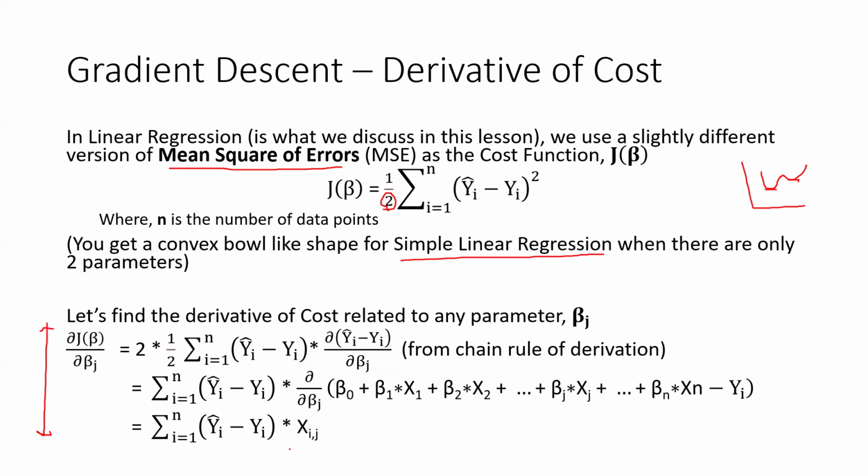I have given this calculation for the people who know about partial derivatives, for completion. Here we are trying to take the partial derivative of this J beta with respect to the parameter value.